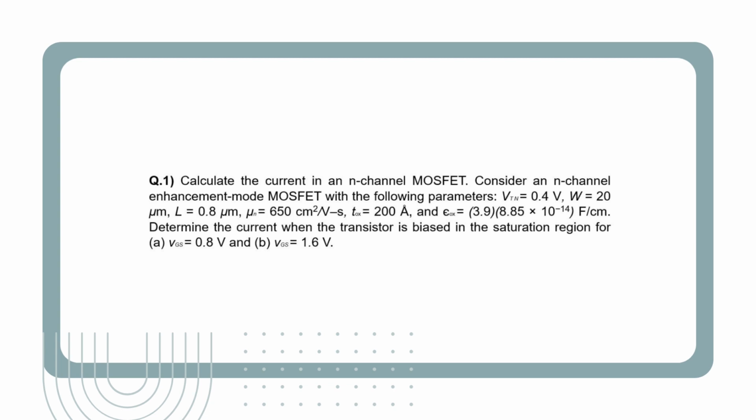We have to determine the current of the transistor biased in the saturation region for VGS equals 0.8 volts and VGS equals 1.6 volts. Here we have to find the drain current.